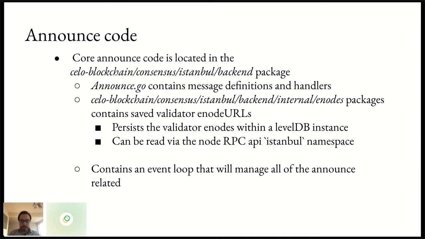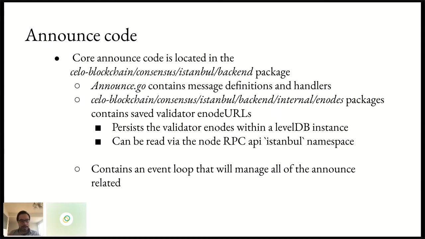One thing I did want to highlight about our announce implementation is that it also implements a separate Go routine event loop. What this event loop does is run in a separate thread, in the background, and manage any events that arise related to the announce protocol. For example, one relevant event is when a new validator has been added to the validator set during the epoch validator election.